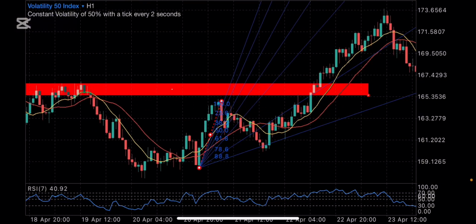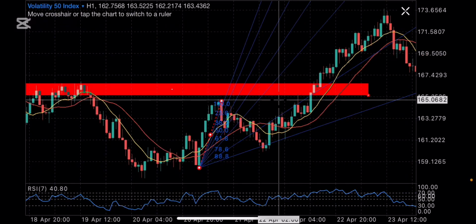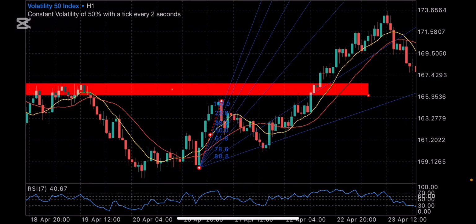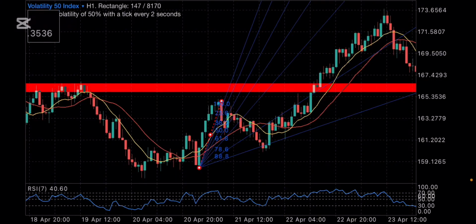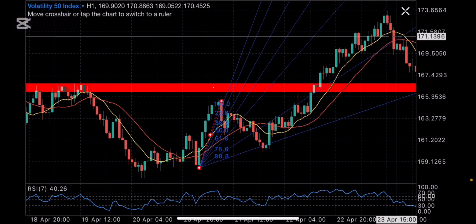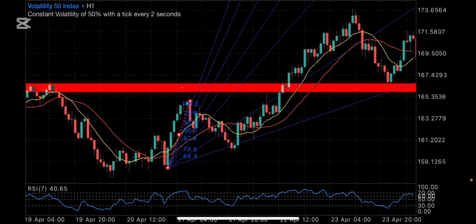You can see how price has been able to break this structure over here, and to add more confluence to your trading, you probably would like to leave that structure projected all the way to the future to see how price will come down to retrace on these particular places.